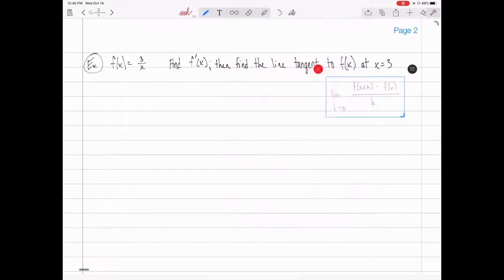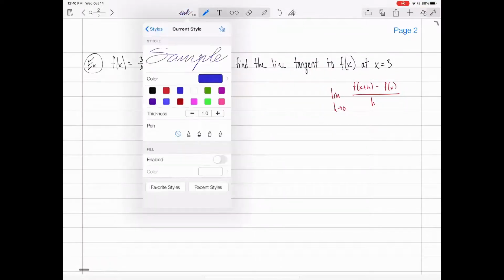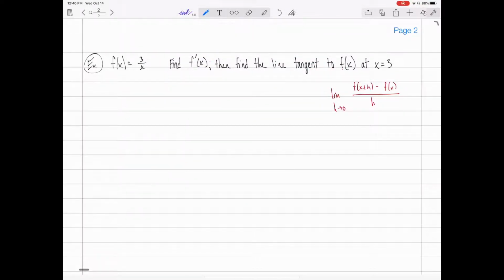Let's start red. Okay. So we're going to take the limit as h goes to 0 of f of x plus h. So wherever there's an x in our function, we plug in an x plus h, subtract f of x, and divide all of that by h.